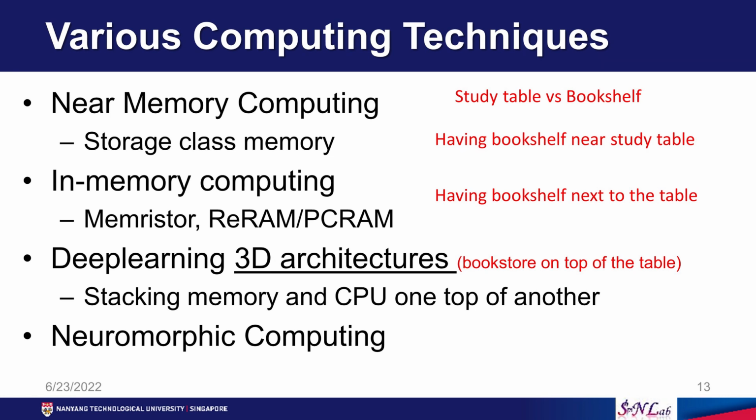Near memory computing is like having a bookshelf very near the study table. In-memory computing is like having a bookshelf just next to the table. You don't need to walk across; you just stretch your hand, take out the book, read, then keep it back. So you bring the memory very close to the processor. As a result, there is no back and forth flow of data, and less energy loss.